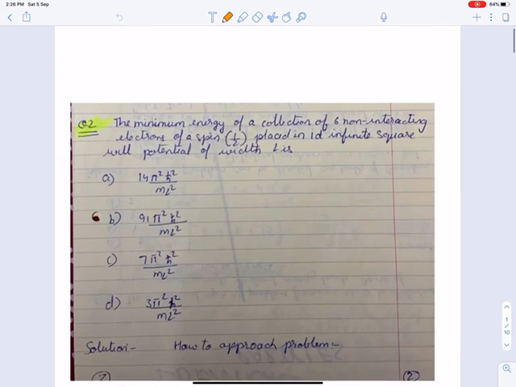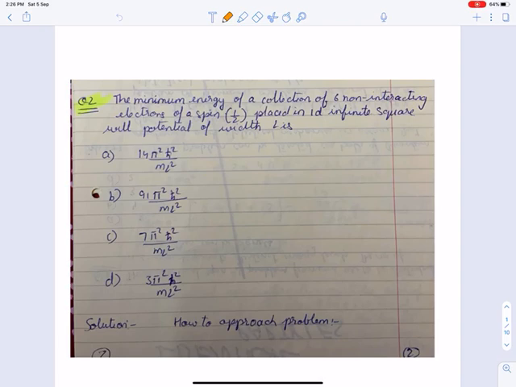So the first sum is: the minimum energy of a collection of 6 non-interacting electrons of spin half placed in a 1D infinite square well potential of width L. We all know that the infinite square well potential is given as V equal to 0 from 0 to L, and infinity elsewhere.